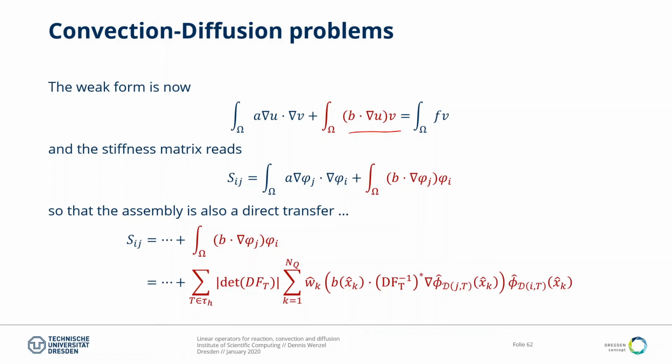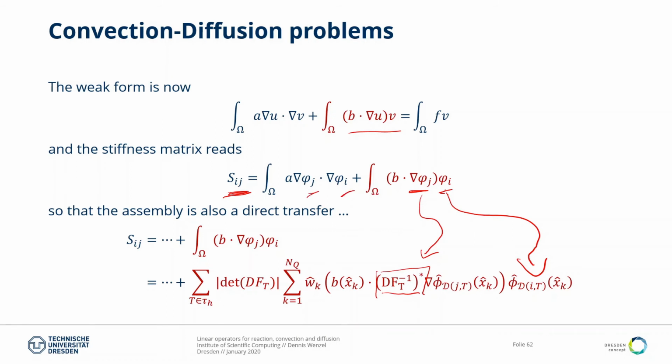And then here it's for the first time an asymmetric operator, I would say, because one basis function has a derivative and the other one doesn't have a derivative. The one without the derivative can be evaluated in the straightforward way. The one with the derivative needs, just like before in the diffusion term, this chain rule here. And now here, for the first time, you see why I was emphasizing so many times that S_ij is given by a product of phi j times phi i.